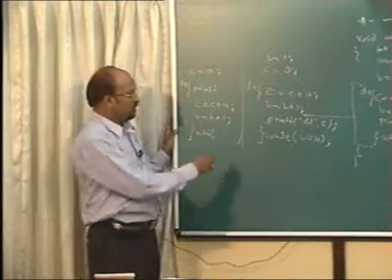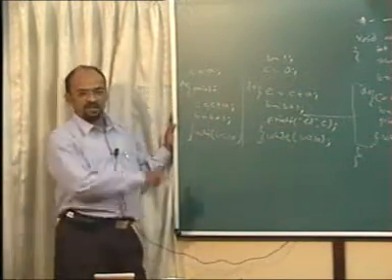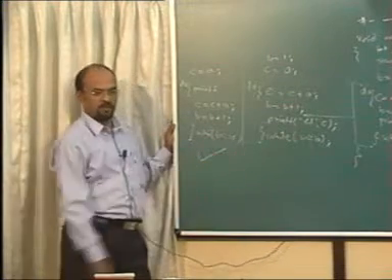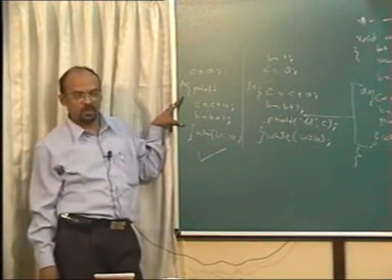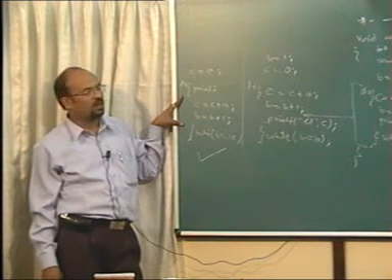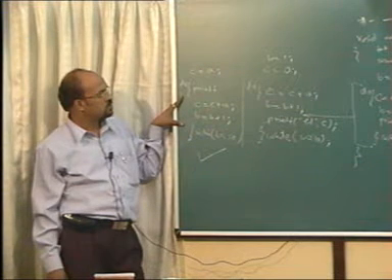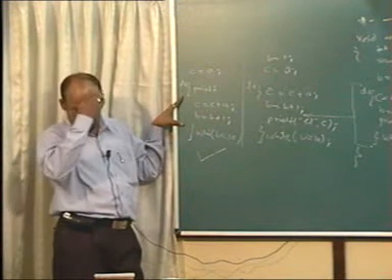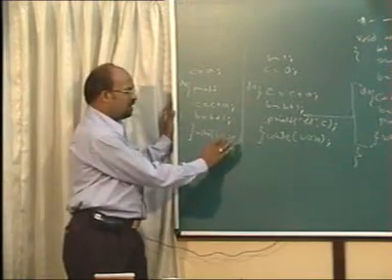Let me complete this. This is b less than 10. And the best among all these will be this one, because the loop executes 9 times, not 10 times. No, it should execute 10 times. Okay, these two are equally good.